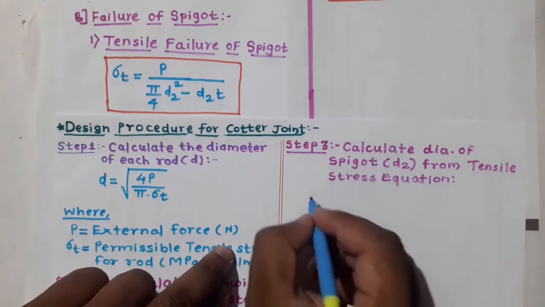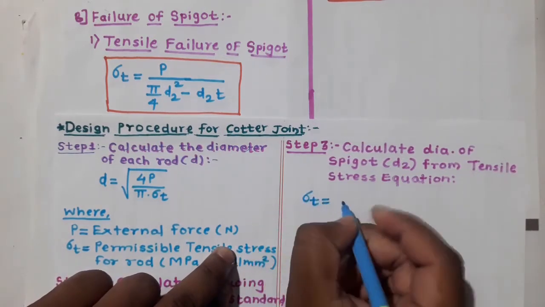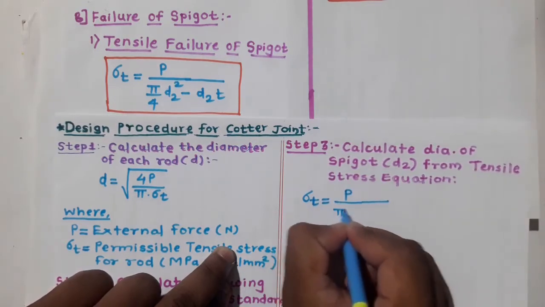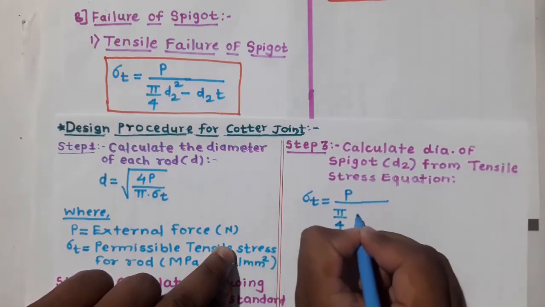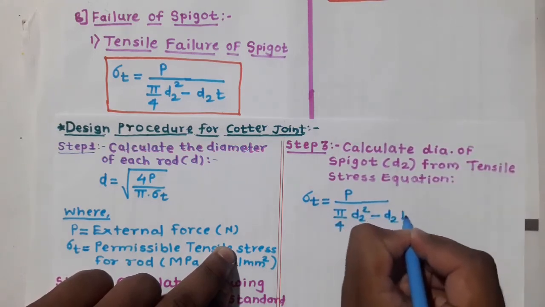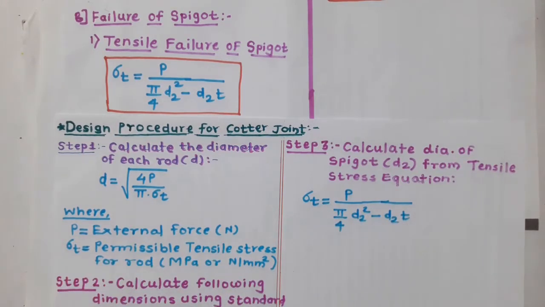We have to use this equation as it is to get the value of d2. So I will write this equation. Sigma t is equal to P upon pi by 4 d2 square minus d2 into t. Now we are at the important stage of this design of quarter joint.